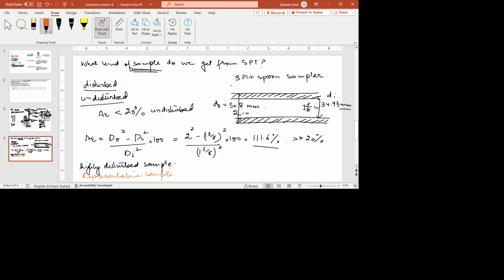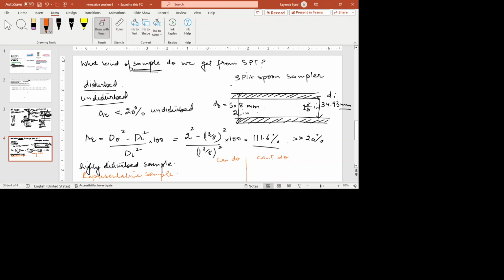So there are some tests that you will be able to do on this sample and some tests that you will not. The tests that you need, in which you need to know the in situ conditions of soil. For example, let us write here the tests we can do and tests we can't do.